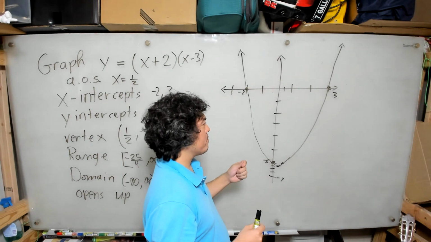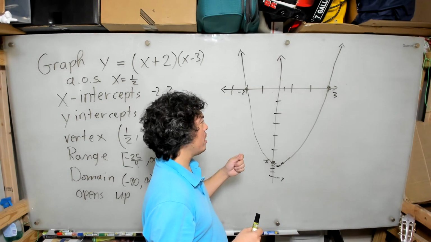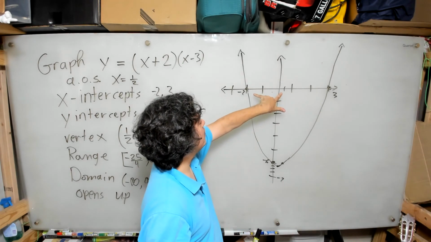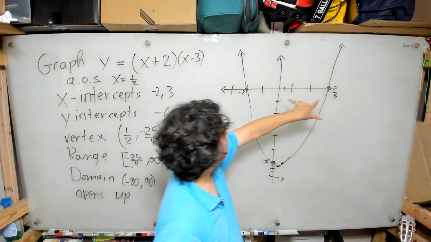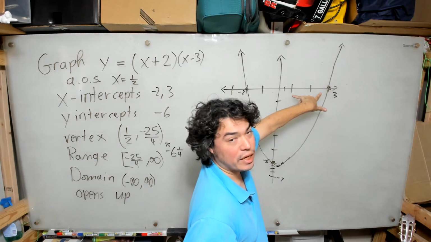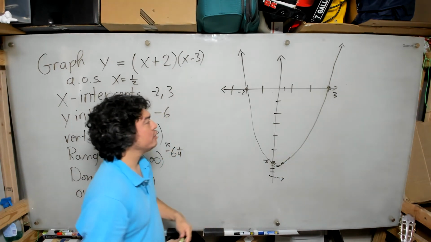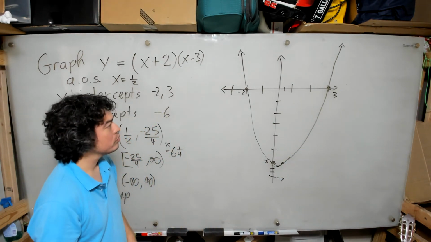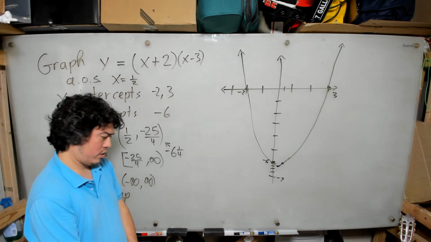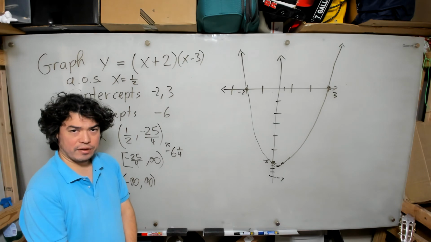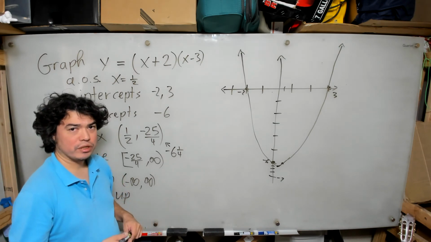Now, if you take this distance, and you take this distance, you will see that it will match, because that's basically the property of the axis of symmetry, right?